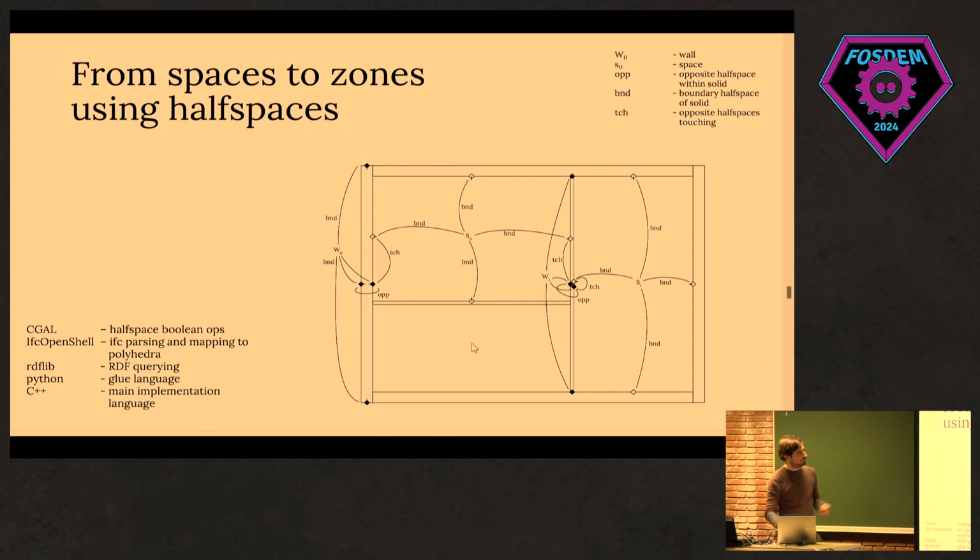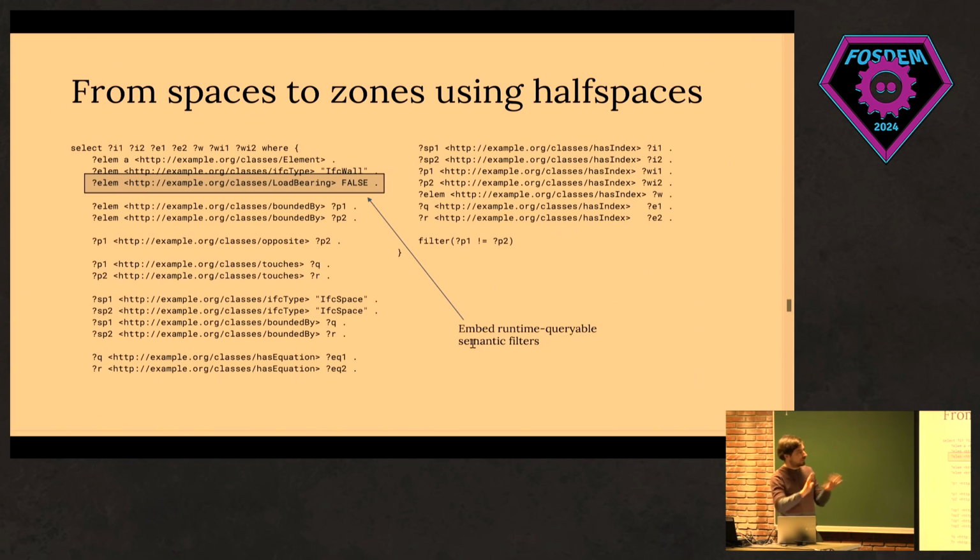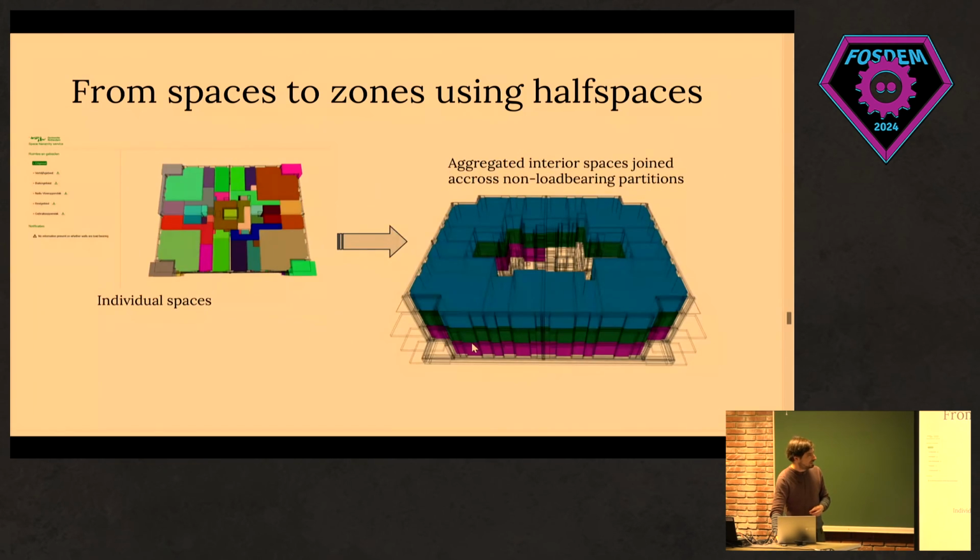And so we really form a graph, and then I query that graph based also on semantics, so it's only the non-load-bearing walls that I can aggregate over.